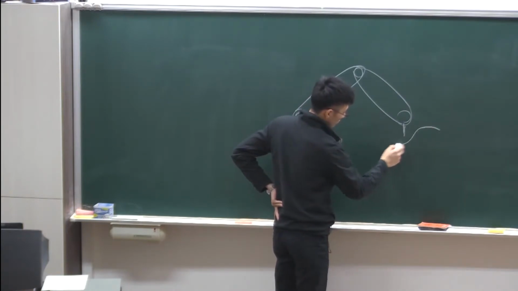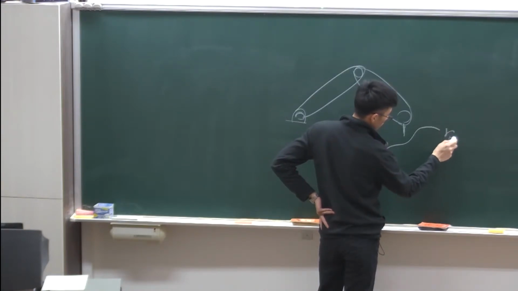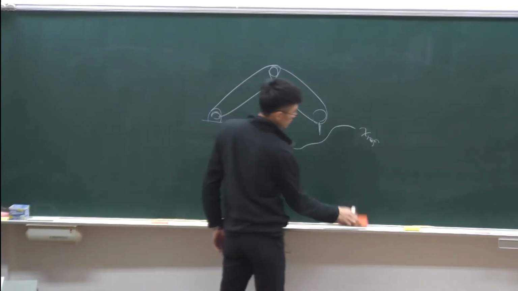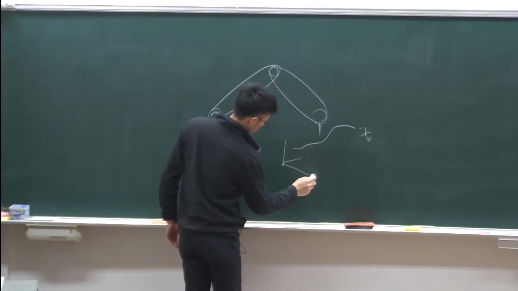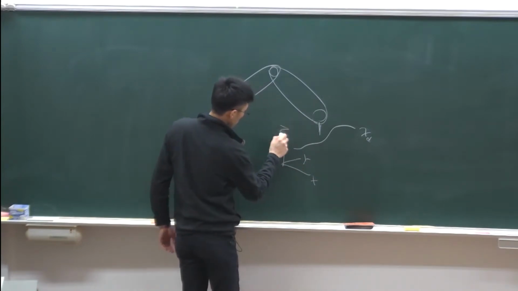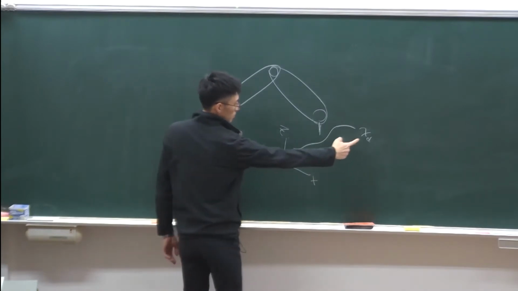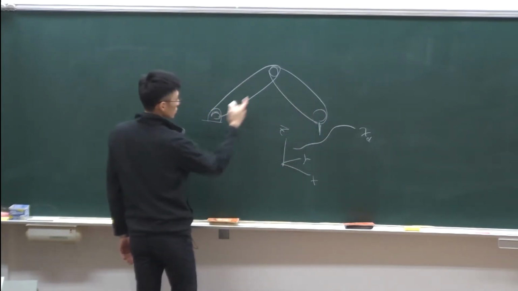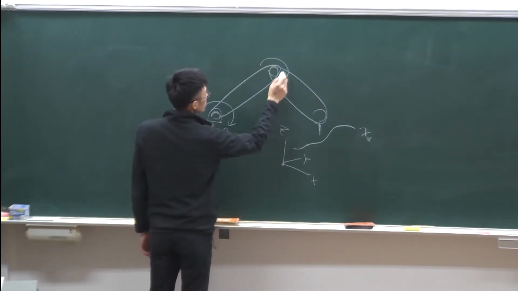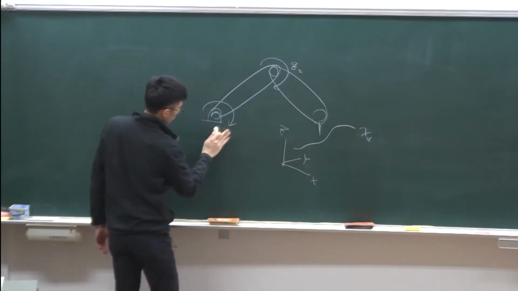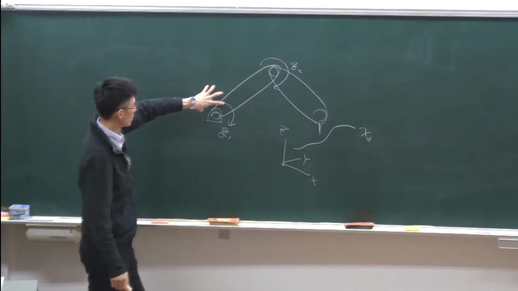You want to control the end effector to track some reference trajectory, some desired trajectory in the 3D space. This is in task space, right? And here you have a two-joint robot, joint 1, joint 2, q1 and q2.